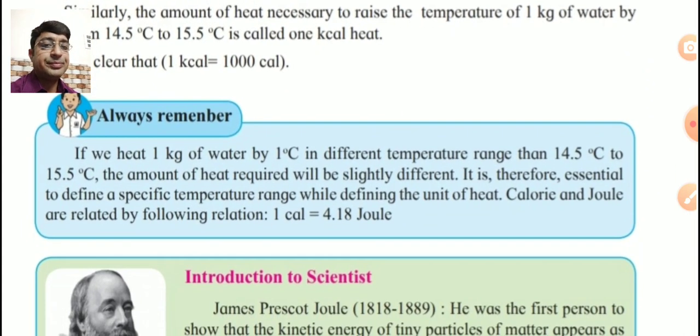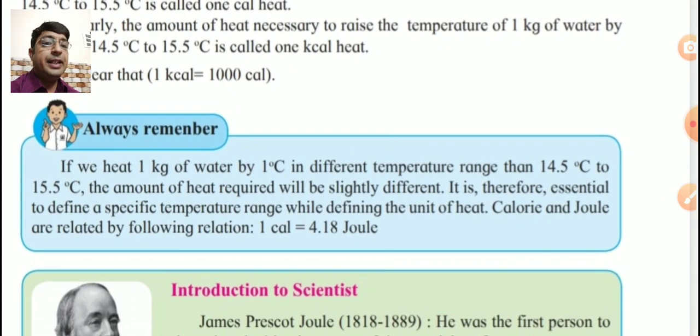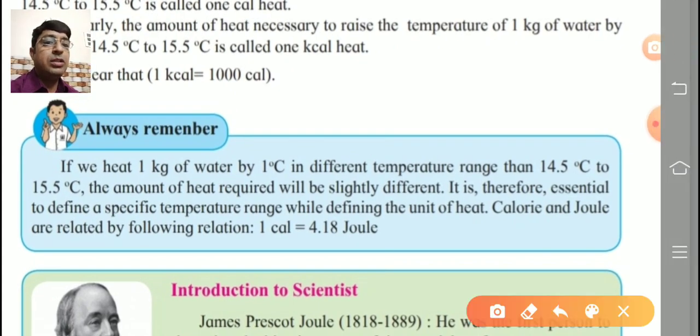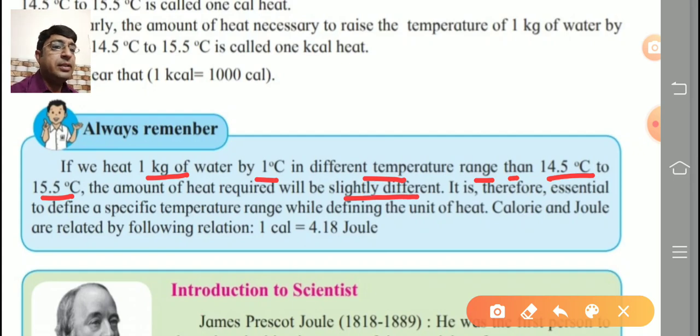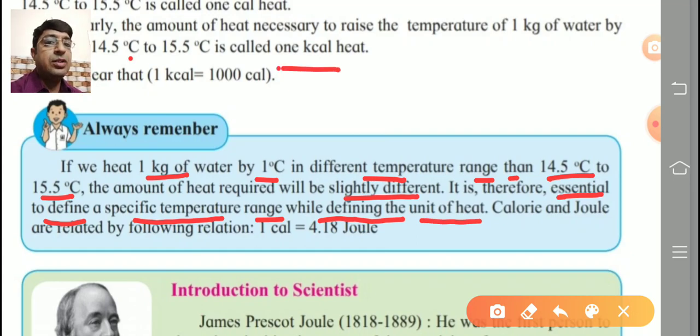Always remember, if we heat 1 kilogram of water by 1 degree Celsius in a different temperature range than 14.5 to 15.5 degrees Celsius, the amount of heat required will be slightly different. Therefore, it is necessary to define a specific temperature range while defining the unit of heat. Means in these two definitions, this range is important that you mention in the answer.